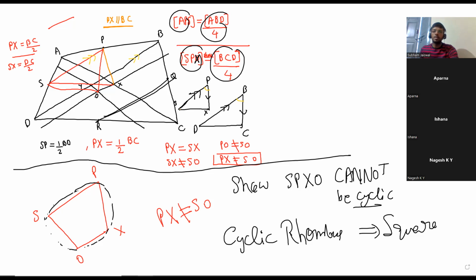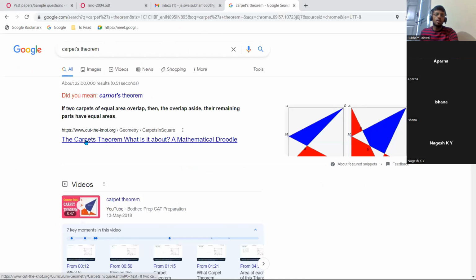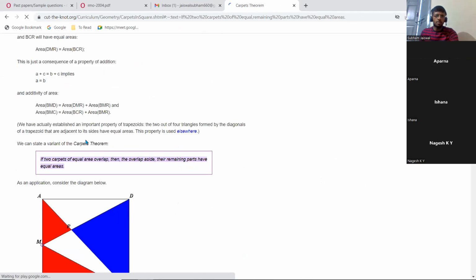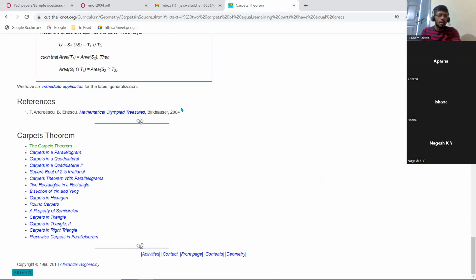Then you can try some problems from there and we can discuss next time. There is this thing called Carpet theorem, and try to follow this particular place where I'm taking you, because this is in a very minimal way. Carpet in a quadrilateral.